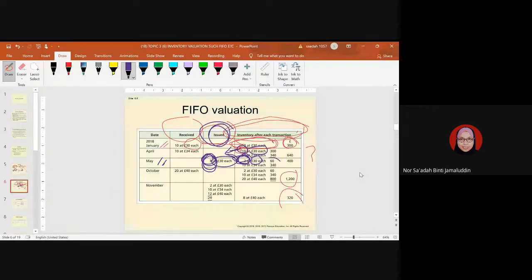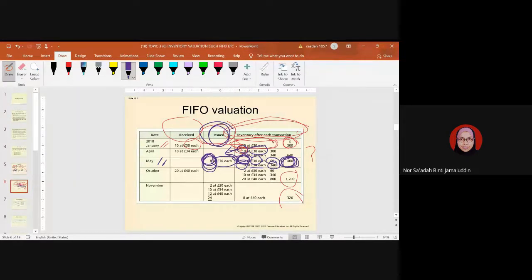You put it the total amount of January and then you put again the balancing inventory of your April. Okay. Yang belum digunakan lagi kan, tak jual lagi yang April tu. 10 units at 34 each. This is 340. And the new amount of your closing inventory is 400.